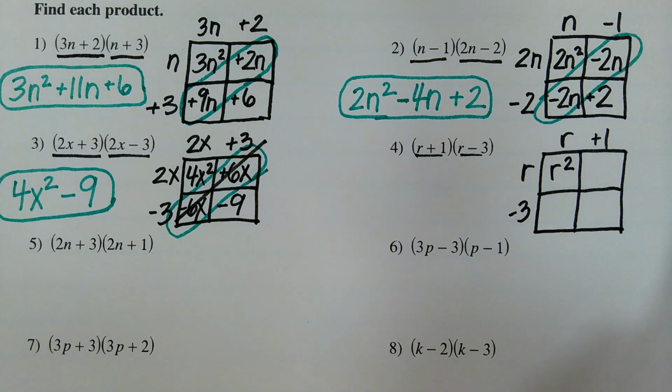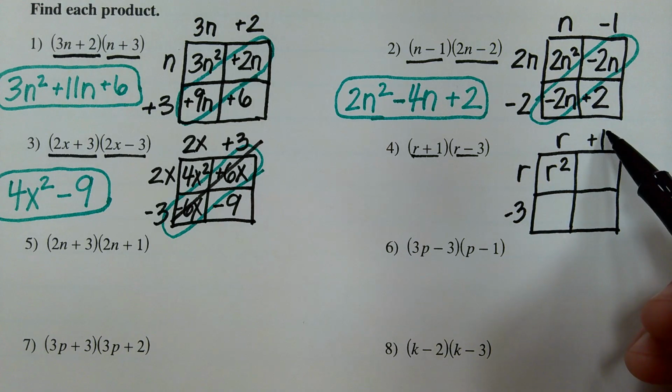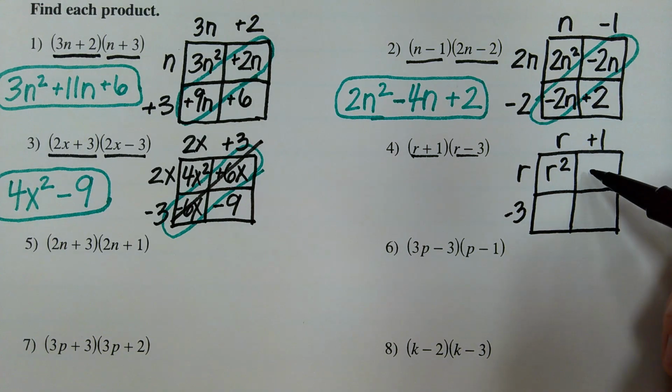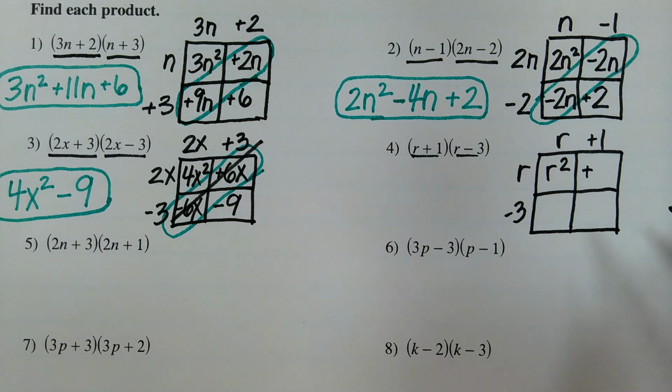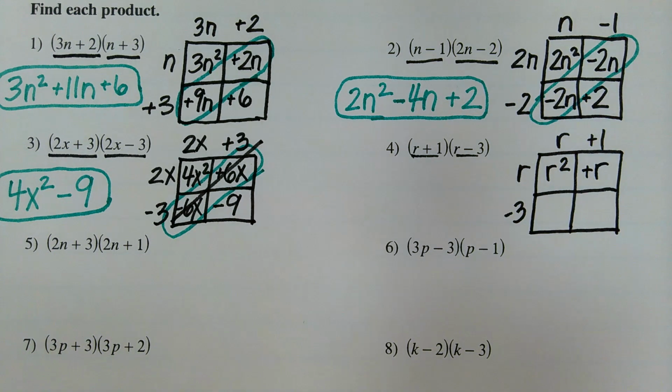And what's next? R times 1 is R. You can actually just write R. If writing one R makes a little more sense to you, you can do that.